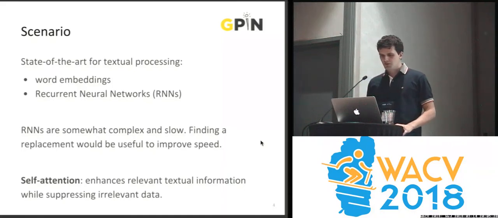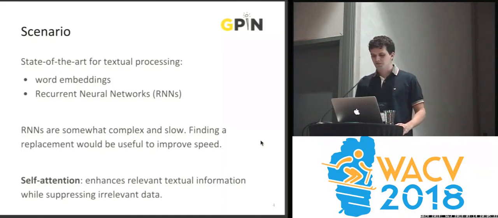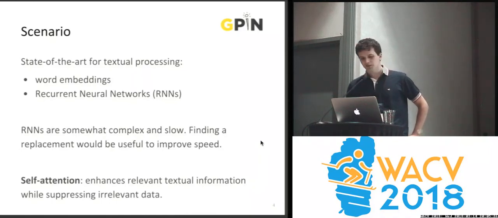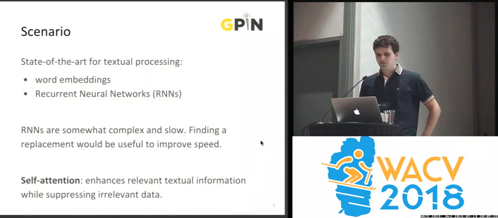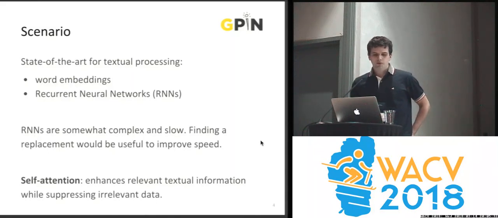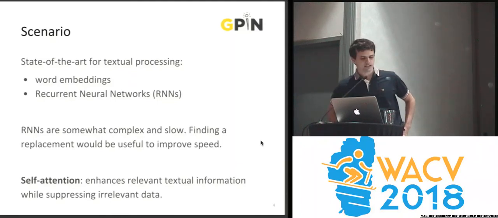Normally, the approach uses recurrent neural networks with word embeddings, but they are somewhat complex and slow, and finding a replacement would be useful to improve speed. So we propose the use of self-attention, which enhances relevant textual information while suppressing irrelevant data.